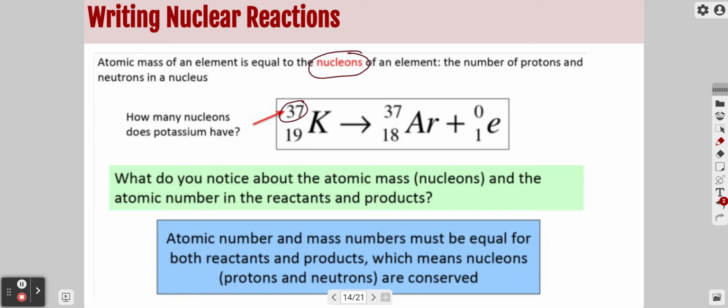Now, if you take a look at all the atomic masses or nucleons for the reactants, on the reactant side we have 37. On the product side, if you total up all the nucleons, you'll see you have 37 as well. They add up to the same number. And you'll see the same thing for the atomic number, 19 on the reactant side, and on the product side, 18 plus 1, 19.